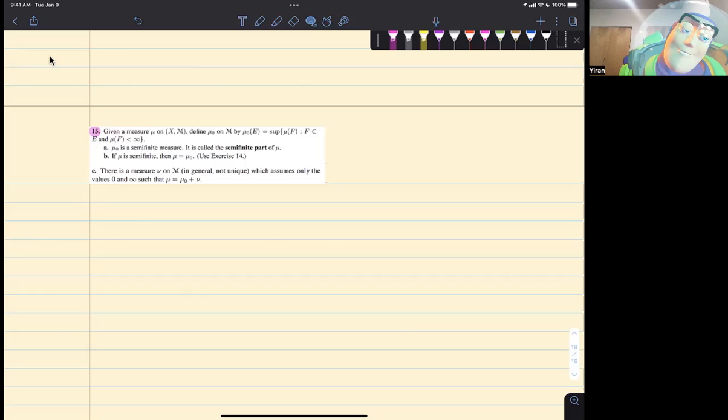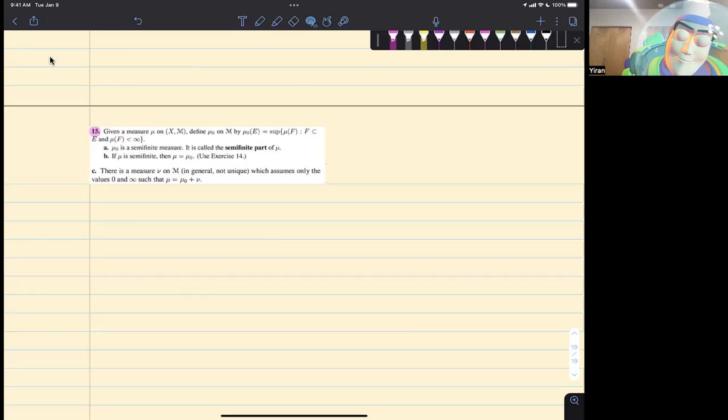Okay. And then we know this is finite. Because it is finite, that means this implies, by the definition of supremum, right? So supremum is less than finite.